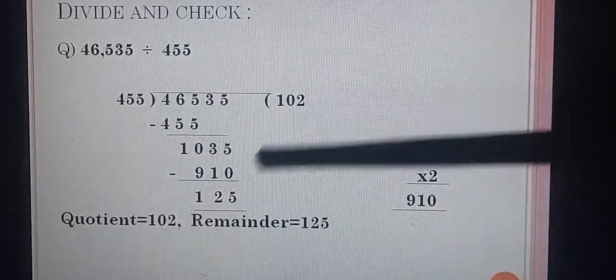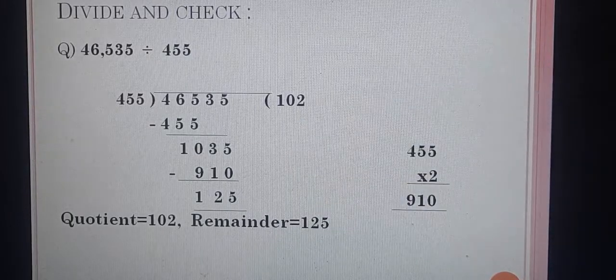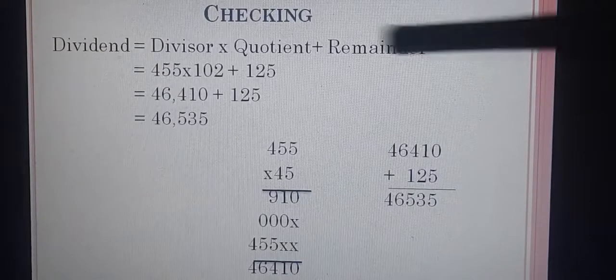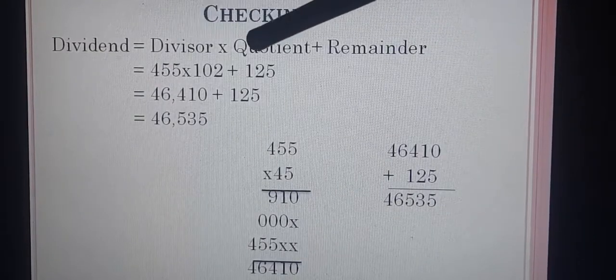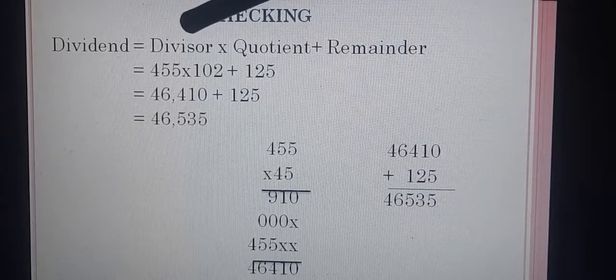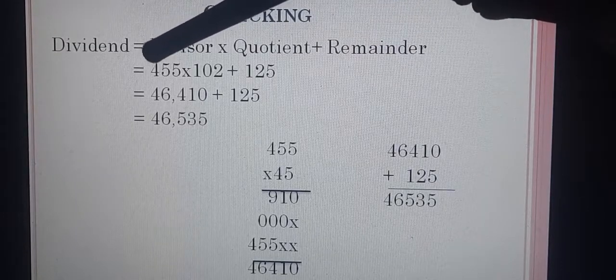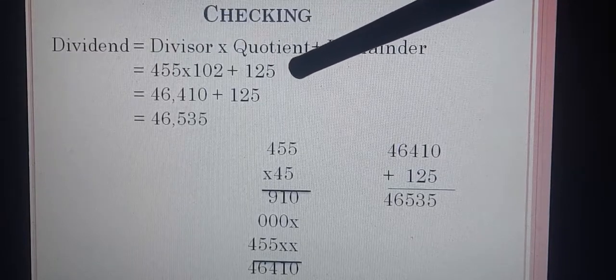This is known as quotient. Remainder is 125. Now we have to check, is it correct or not? Checking formula, dividend is equal to divisor multiply quotient plus remainder. Divisor 455, quotient 102, remainder 125.